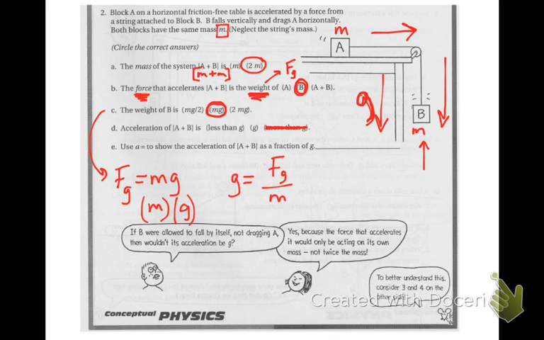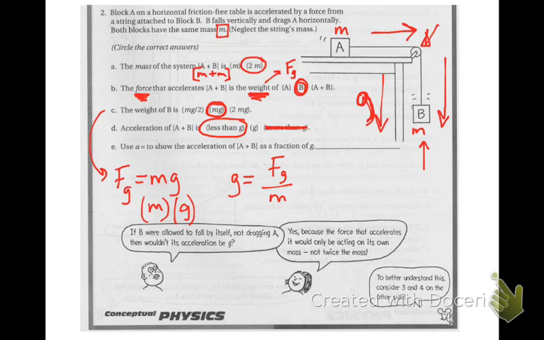Yes, it's friction-free, but it didn't say that this little pulley was friction-free. So it's going to move at less than g, just slightly less than g. And use A to show the acceleration of A plus B as a fraction of g.